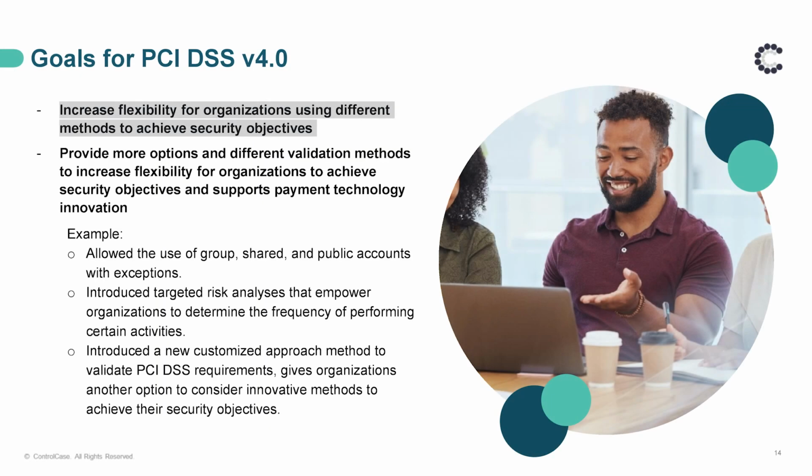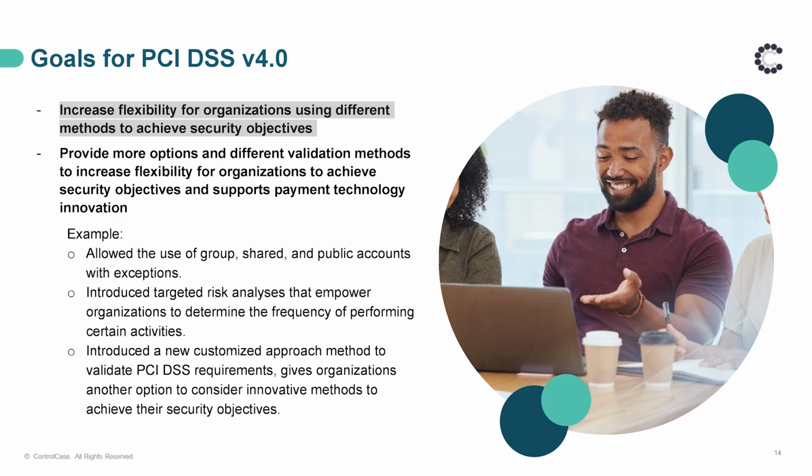The third goal is to increase flexibility for organizations using different methods to achieve security objectives. So providing more options and different validation methods to increase flexibility for organizations to achieve security objectives and support payment technology innovation. A few of the examples under this goal: they allowed the use of group, shared and public accounts with exceptions.